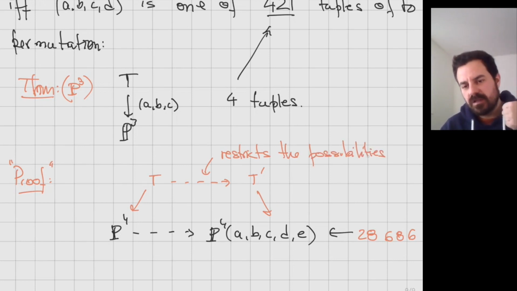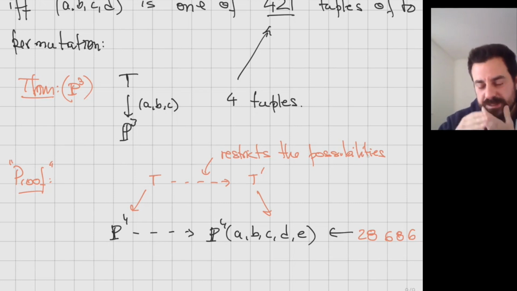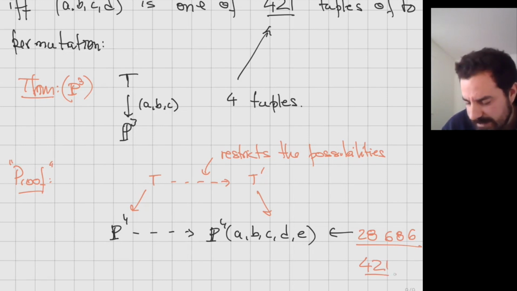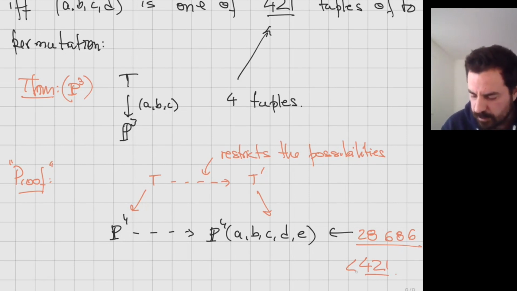The fact that the anti-canonical divisor needs to be in the interior, and the fact that along the way we need to have terminal singularities all the time, really brings down 28,686 to slightly less than 421, actually, because not all of them are weighted projective spaces, but are fibrations. So I think I'll stop here. This is all. Thanks.